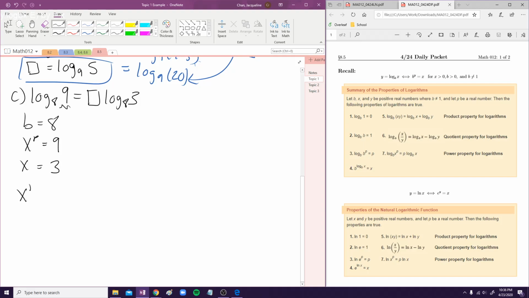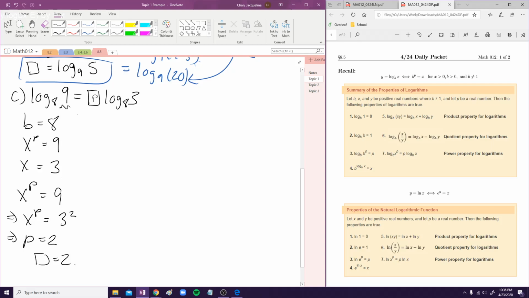This is x to the p, and this is equal to 9. So I know x is 3. So what I'm going to do is try to make this 9 have the same base. So x to the p, and then 9, I can make this 9 be 3 squared. So then p is equal to 2. What does that mean? That means that our box is equal to 2, because our box is p.